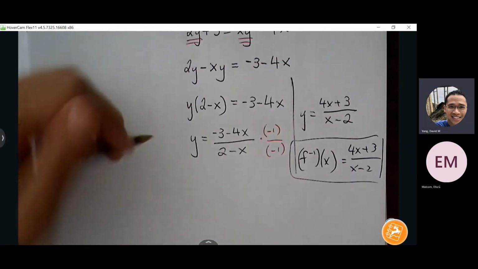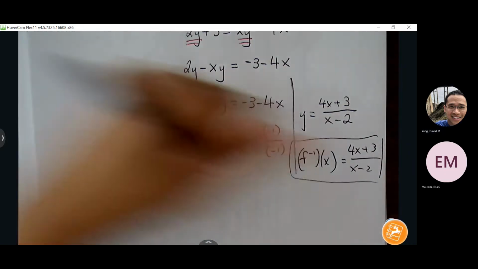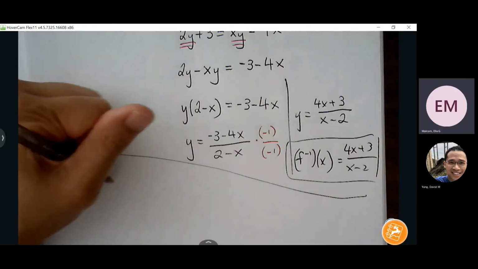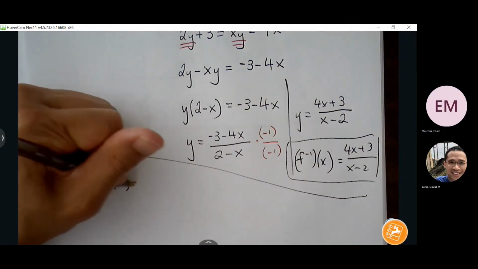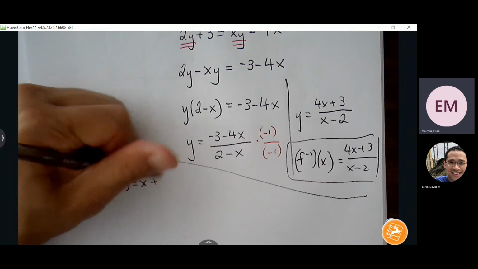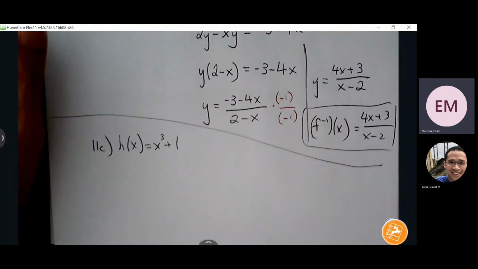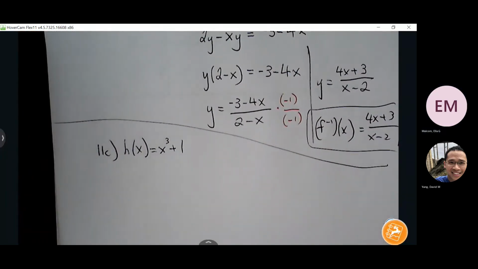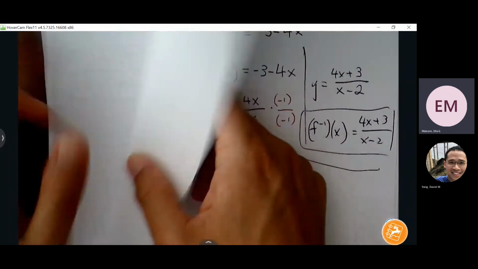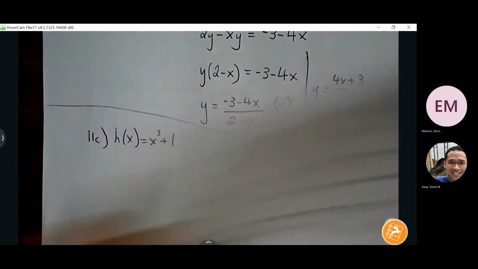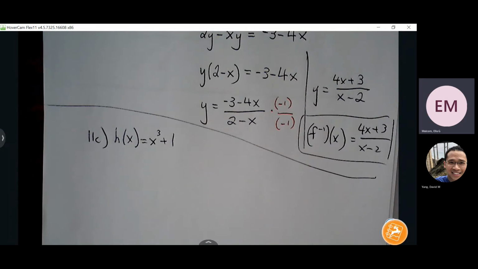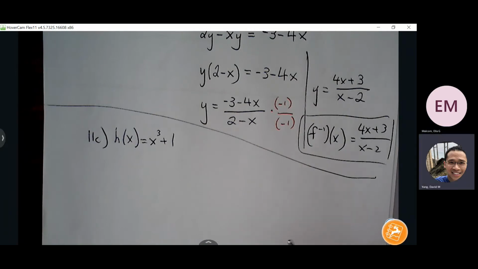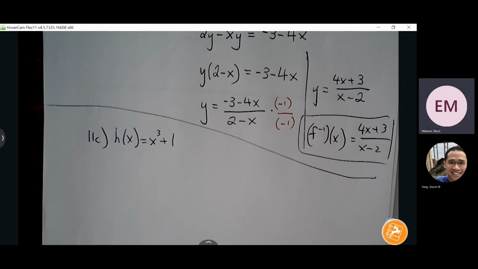All right, last one here. h of x equals... so x minus 1 equals y cubed.